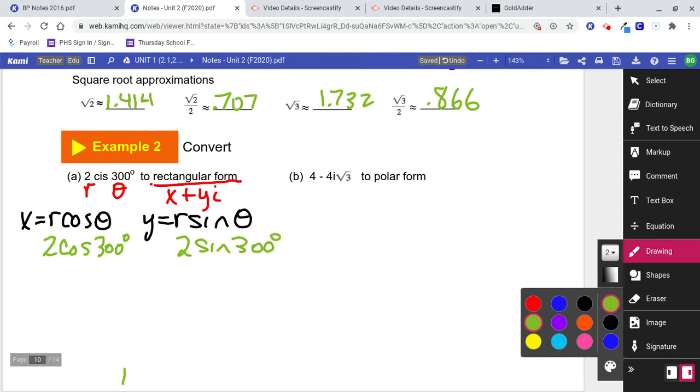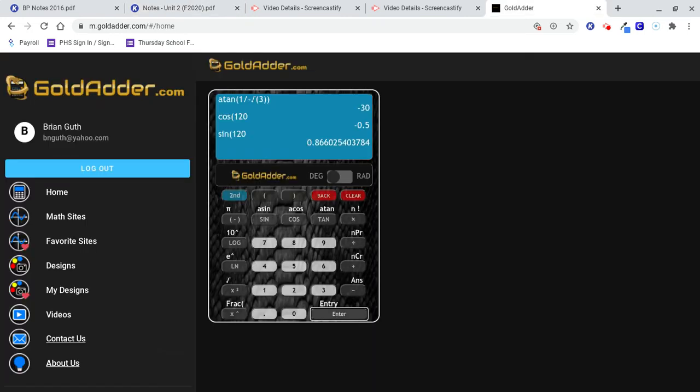Now, sometimes you can just type it in and your calculator will give you the answer, but other times that will lead you to confusing results. So here's what I want you to do. Split it up and just do the cosine 300 part. You've got a calculator, and your calculator hopefully is in degrees.